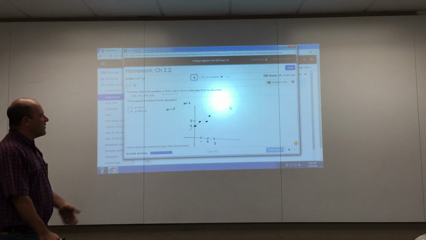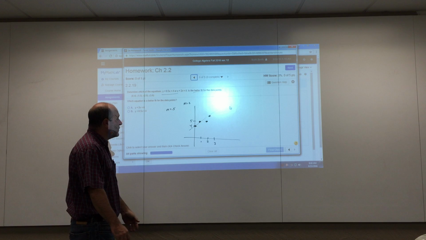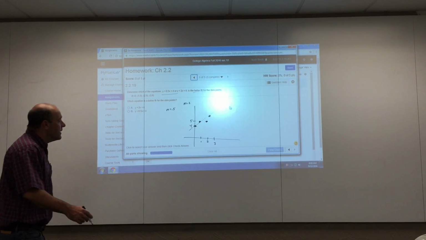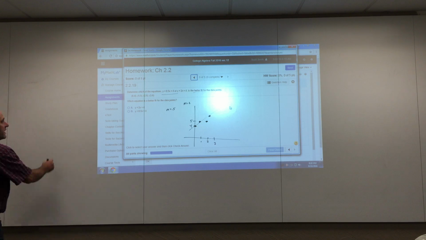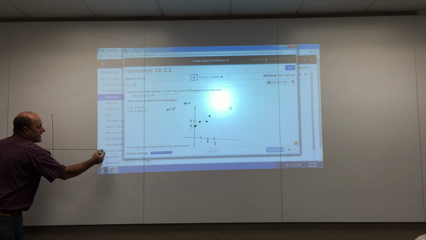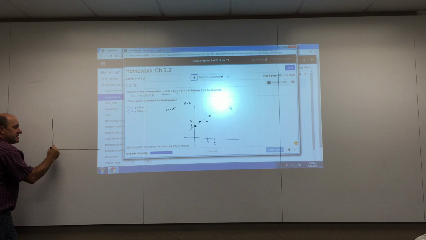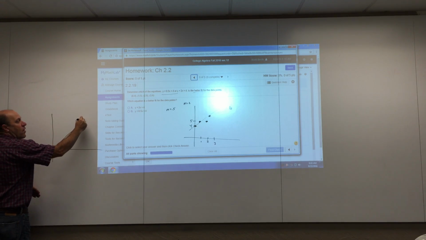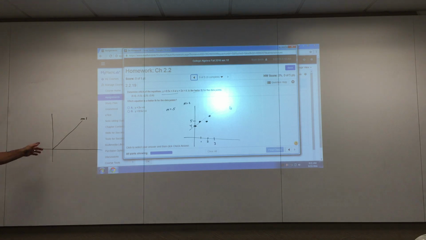But one of them has a slope of 1/2. One of them has a slope of 2. I'm a little bit in debate mode here. Back in chapter 1, I tried to just make you think about slopes, and I told you this. This line right here that makes a perfect diagonal has a slope of 1. That's what happens when you go up 1 over 1, up 1 over 1, up 1 over 1. You get this perfect diagonal slope of 1.